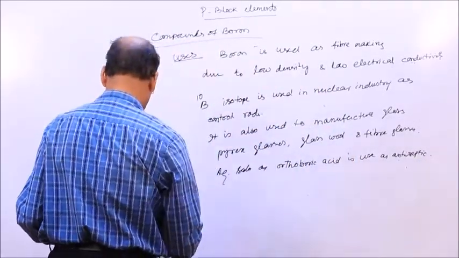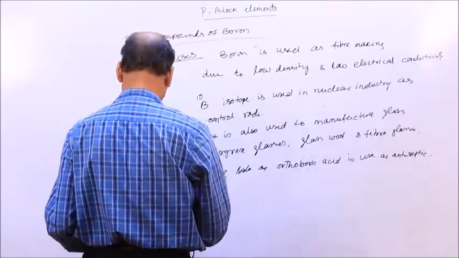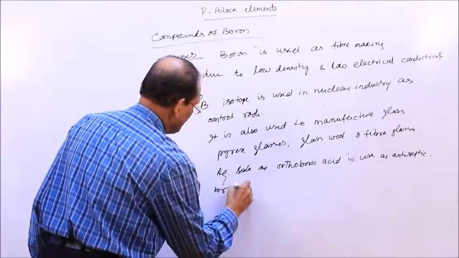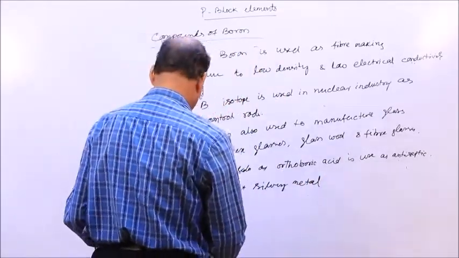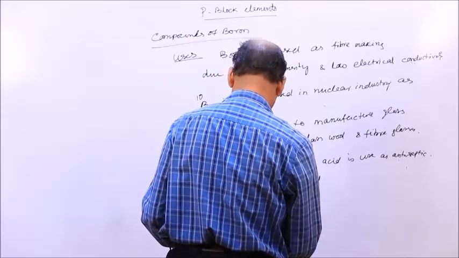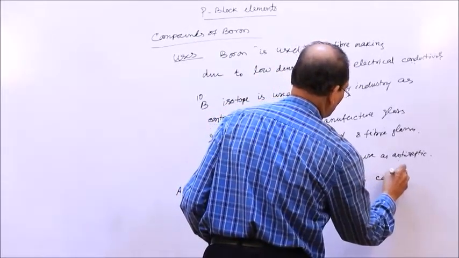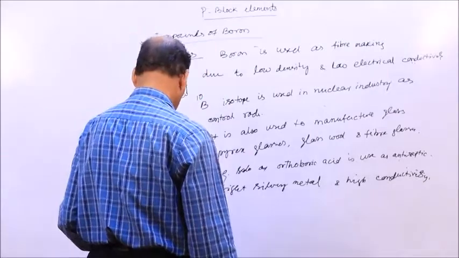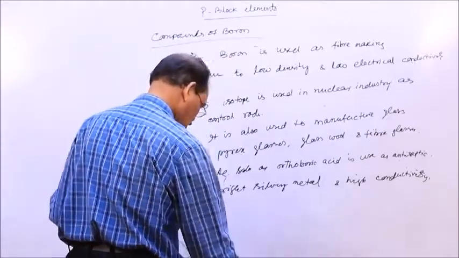Aluminium is a bright silvery white metal with high conductivity, which is why it is used in the preparation of utensils.